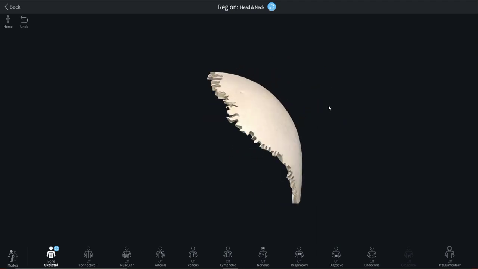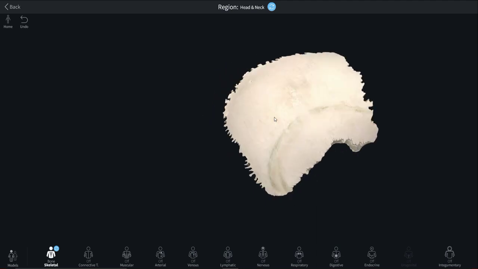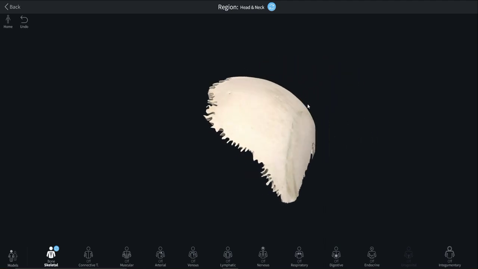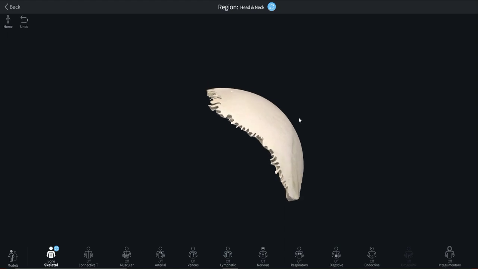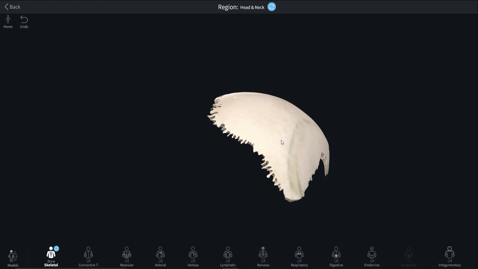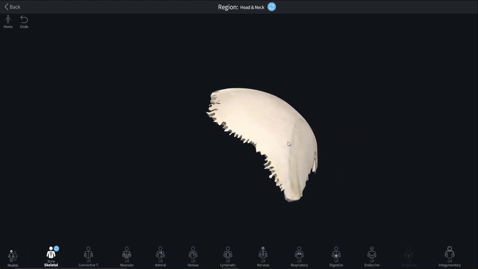That is, it ossifies in membrane, right? So it must start from somewhere. Where does it start from? It starts from this parietal tuber. So that is why the parietal tuber is very important.